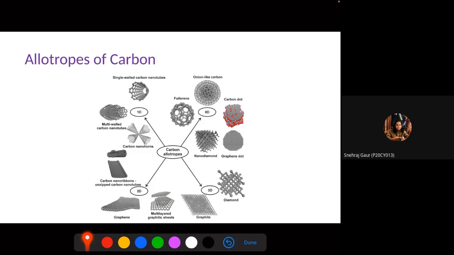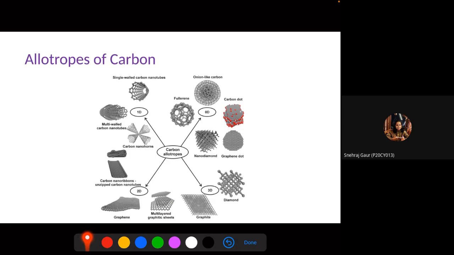So here we have carbon, and the allotropes of carbon are carbon nanotube, graphene, or even diamond and graphite. All these are allotropes of carbon.